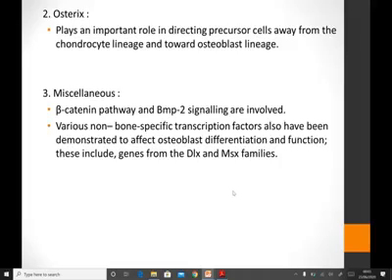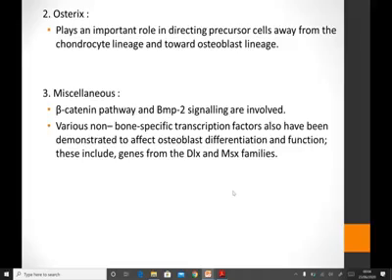Then we have another transcription factor by the name of osterix. This also plays a very important role in directing the precursor cell away from the chondrocytic lineage towards the osteoblastic lineage. So basically, as I said, RUNX2 is directing the precursor cell towards the formation of an osteoblast and not towards the formation of other types of cells.